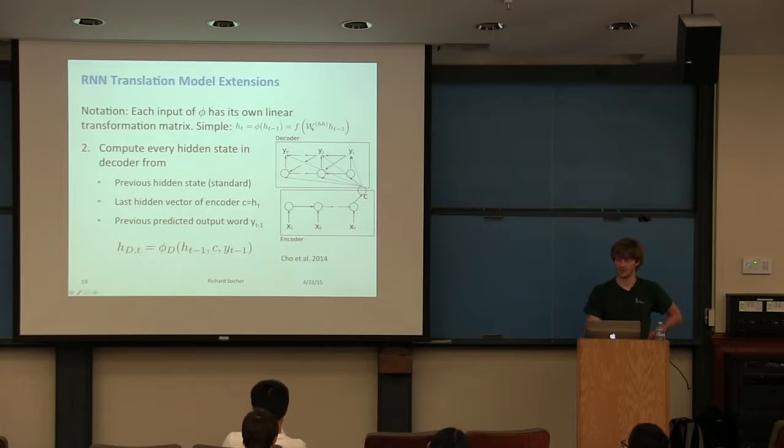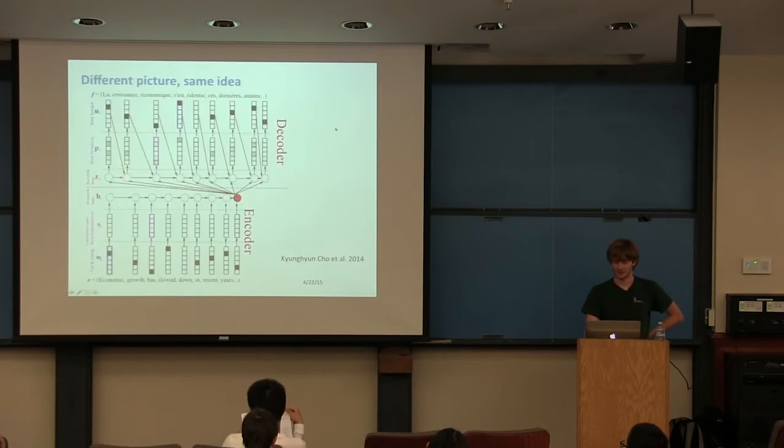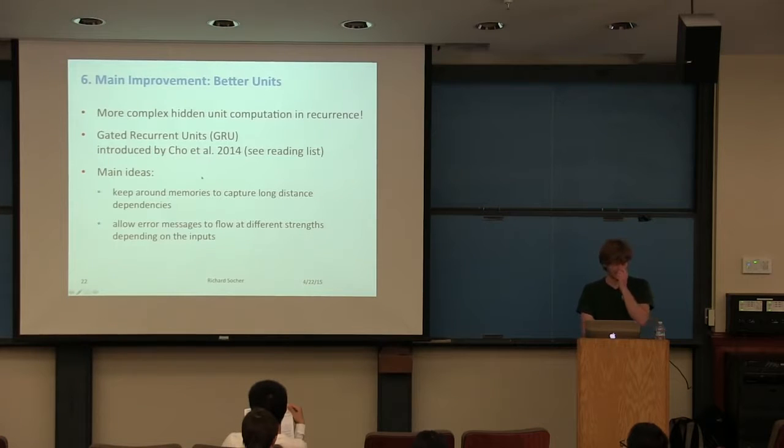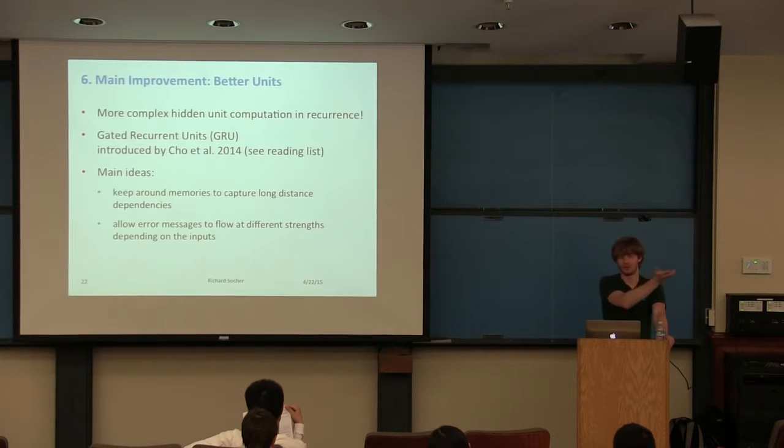Every time step you make a huge change to H, and that change depends on all the other elements of H. Instead, gated recurrent units allow you to keep some elements of your H somewhat constant so you can carry over long distance information. Those two go hand in hand, because that allows error messages to flow at different strengths. Sometimes your error message changes entirely what each unit does in your hidden state, and other times it just goes through the network, maybe even 50 time steps away.